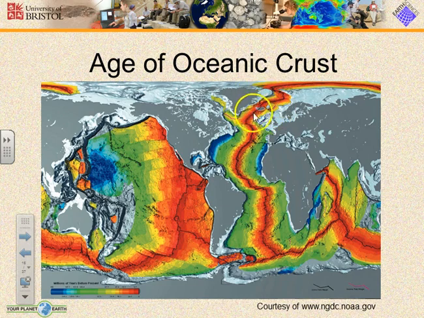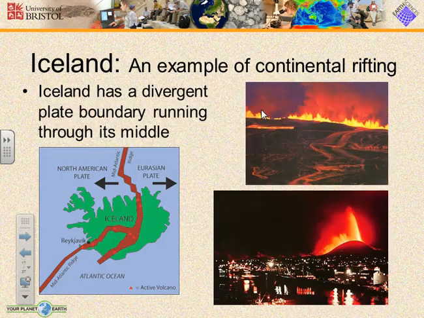What is that? It's a continent, and the Mid-Atlantic Ridge is running straight through it. That's Iceland. And what's really interesting about Iceland is that it is literally being ripped apart. It has a divergent plate boundary running straight through it, and so it creates what's called a rift valley.